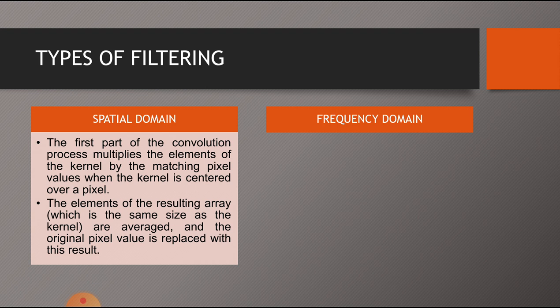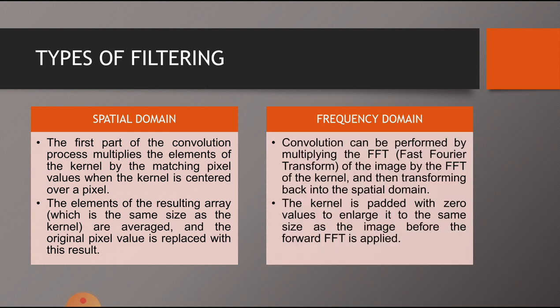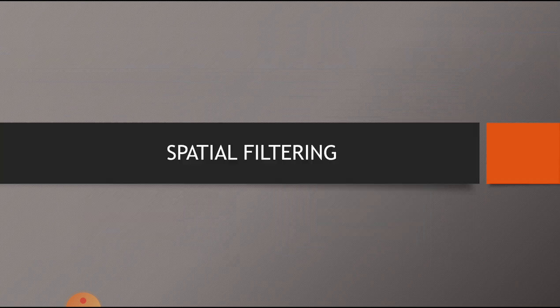In frequency domain filtering, we perform the fast Fourier transform and then perform convolution, and then we transform it back to the spatial domain. The kernel will be padded with 0 to enlarge it before the fast Fourier transform is applied. So these are the two different types of filtering.